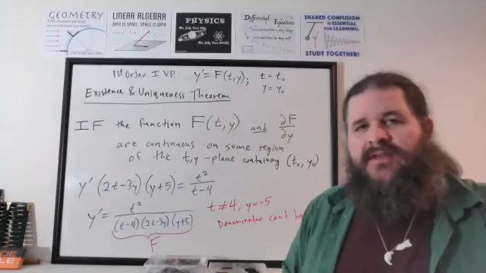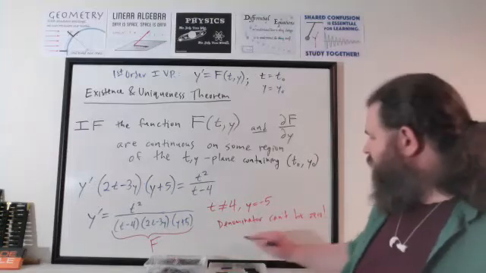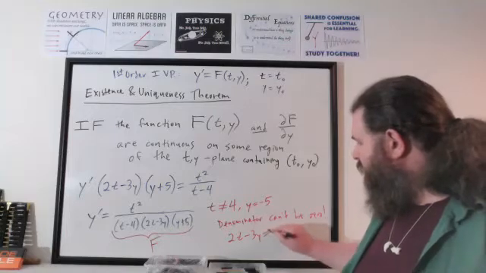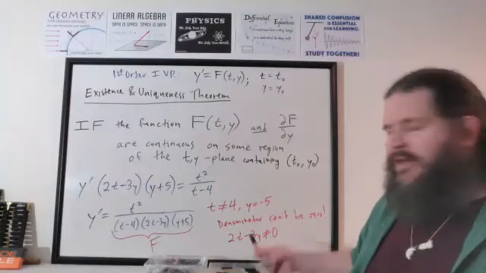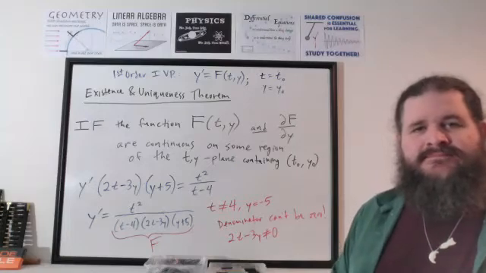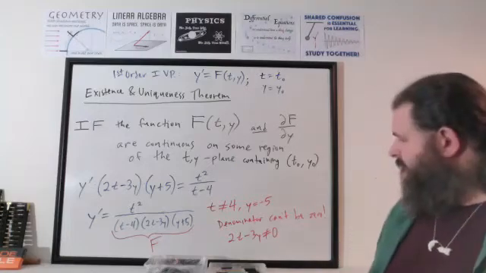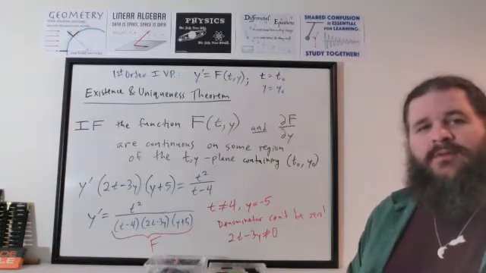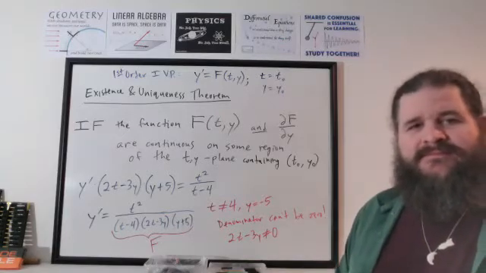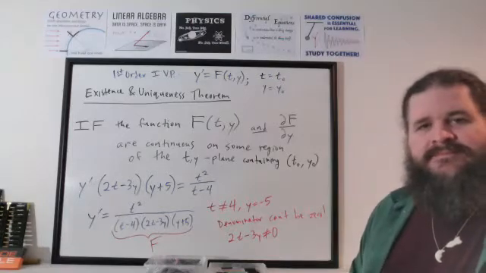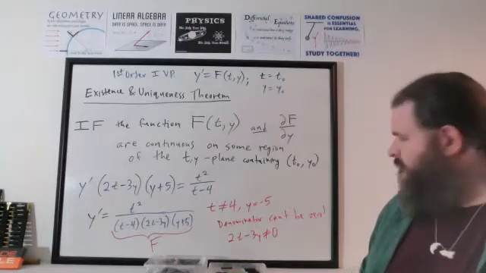In fact, we could extend that to a broader relationship. We want to make sure 2t minus 3y is not equal to 0. Can you isolate y there? Can we get some expression that y can't equal something? 2t over negative 3.